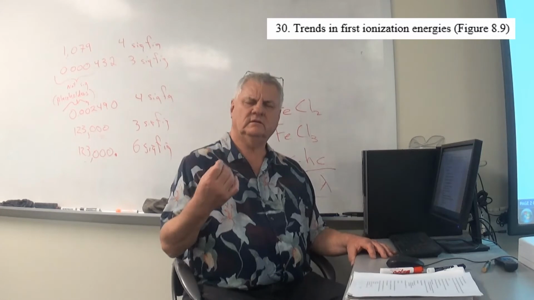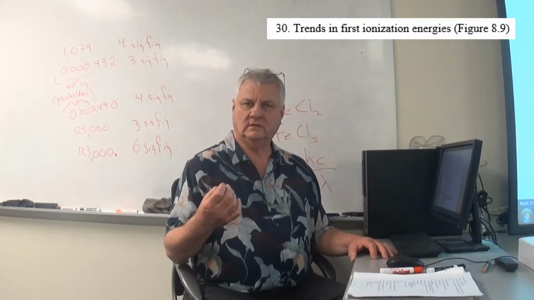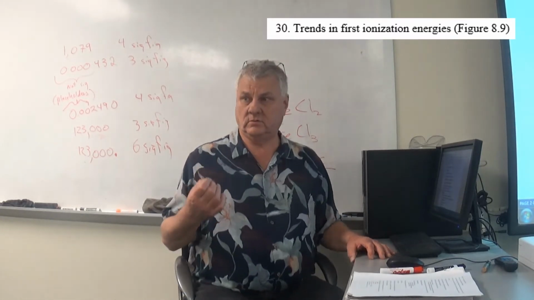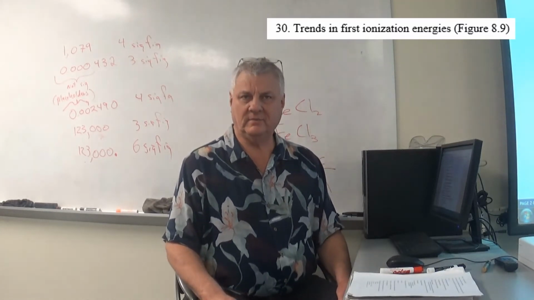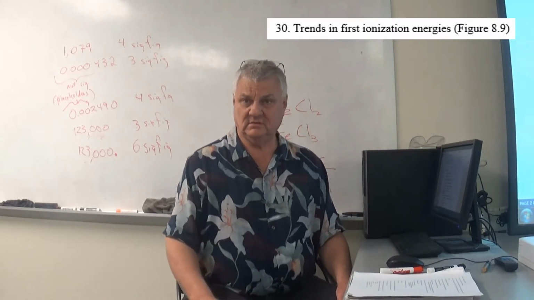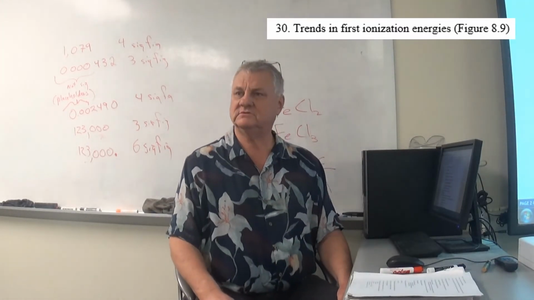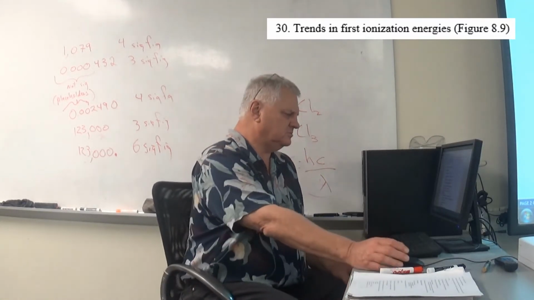The elements that require the most voltage to ionize are the noble gases. The elements that require the least voltage to ionize are the alkali metals, like potassium and sodium. They actually want to lose some electrons, so to speak. Okay, so those are the two principal trends.